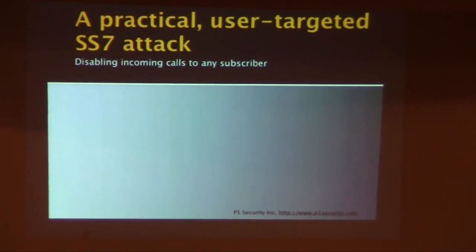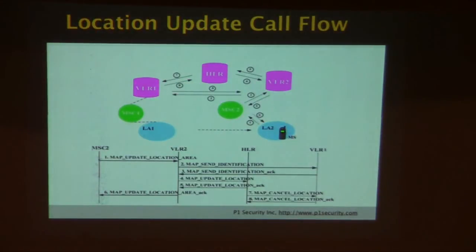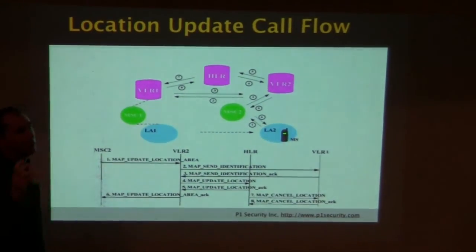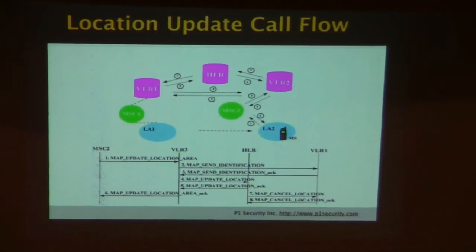Okay, there are even more high-profile attacks where you can completely disable any kind of communication to one phone specifically. So what you're going to do is use one system where you have visitor location registers located in each country, which record, for example, that my phone here is not native to this network.